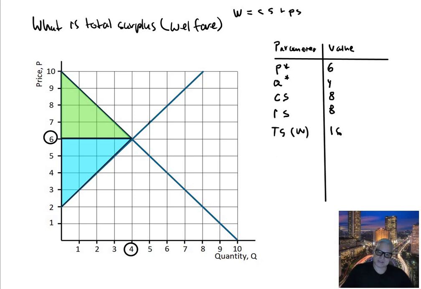It doesn't make any sense to go past the equilibrium quantity of 4, because here we have only consumers left whose willingness to pay is not enough to cover all the cost that the producers would have to cover. So therefore the market clears at 4, and we have a total surplus or welfare of 16, and that will be the reference case for economic policies that we will discuss in the next videos.